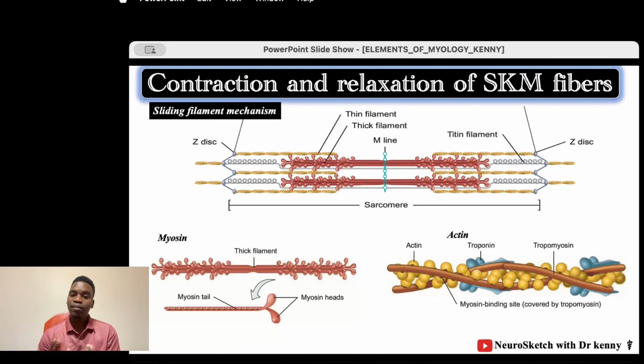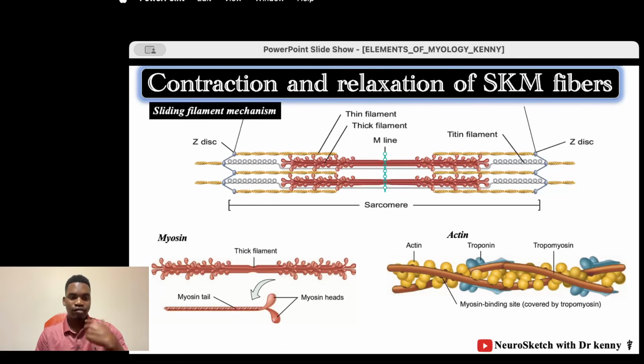The calcium ions are very important because the presence of calcium will result in a change of shape of this troponin, and once the troponin responds to calcium, it will remove the tropomyosin from the myosin binding site so the myosin can bind to the actin to produce a movement. Are we together? So that's the function of troponin.